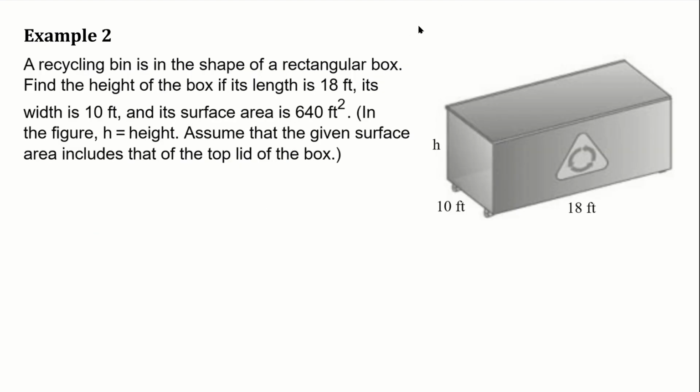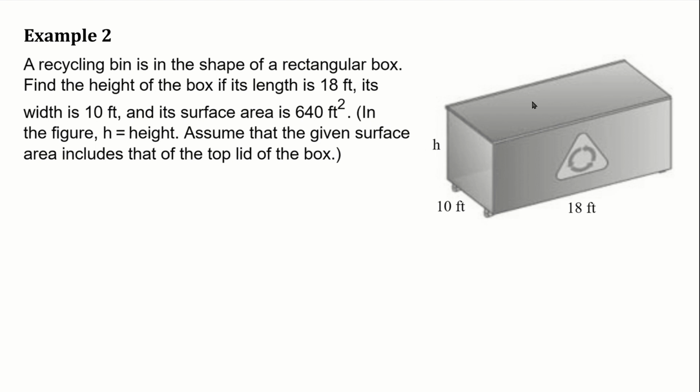All right, for this next problem, we have a recycling bin in the shape of a rectangular box as depicted here. Find the height of the box if its length is 18 feet, its width is 10 feet, and the height is what we want to find, so we'll call it h because we don't know what it is.